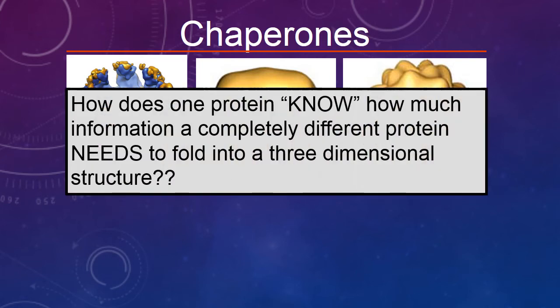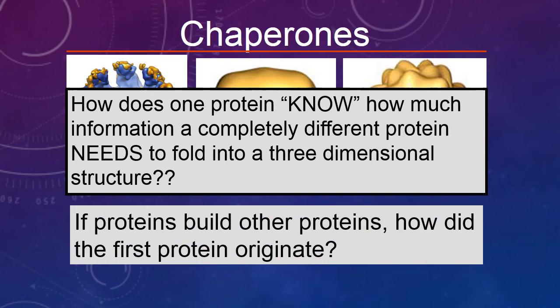The question is, how does one protein, these chaperones, know how much information a completely different protein needs to fold into these 3-dimensional shapes and structures? And if a protein has to be there to build other proteins, how did the first protein originate?